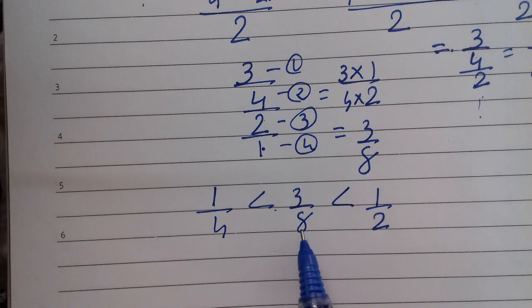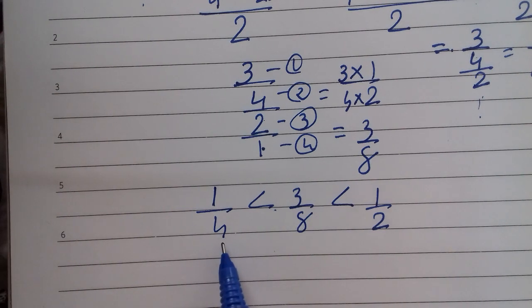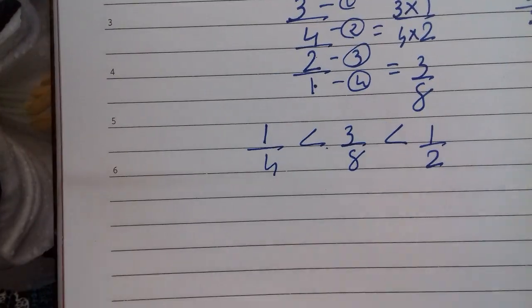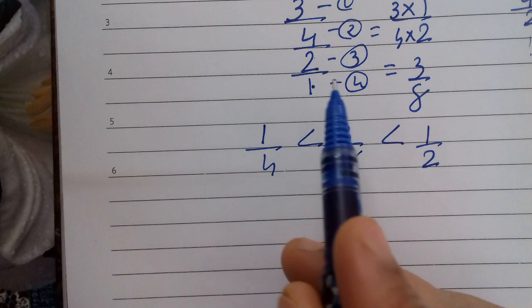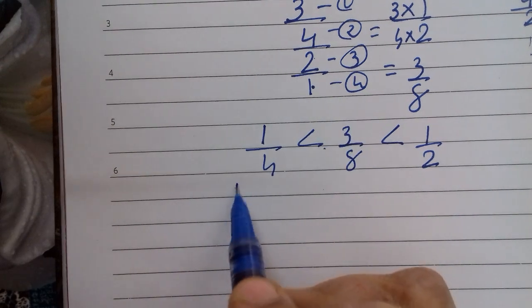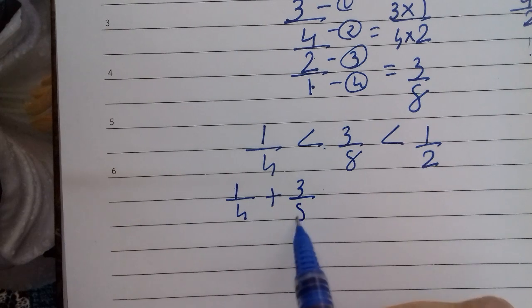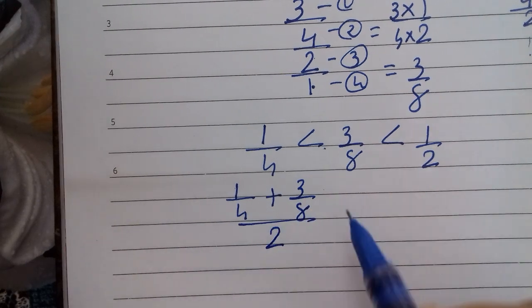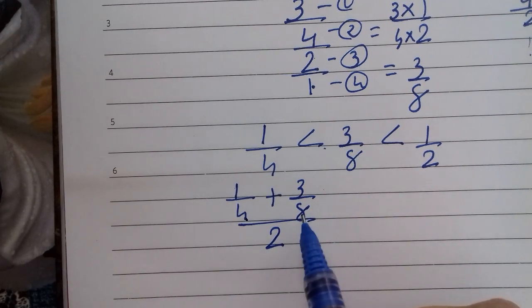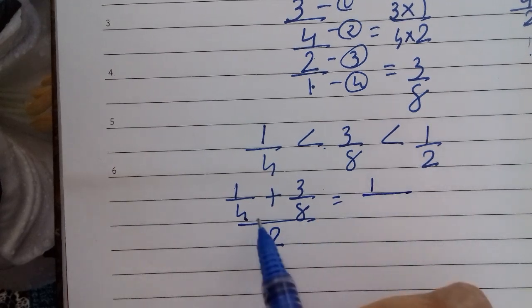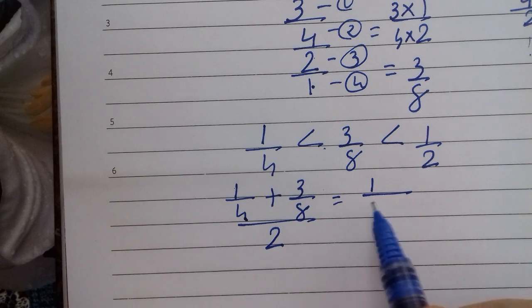For this, we again find the mean of 1/4 and 3/8. So do the same process as above. (1/4 + 3/8)/2. Now take the LCM of 4 and 8. The LCM of 4 and 8 is 8.